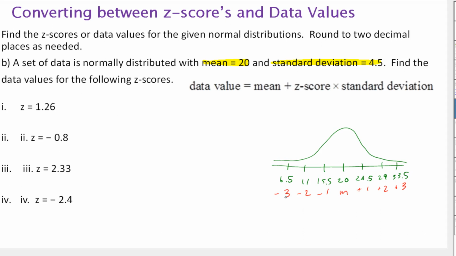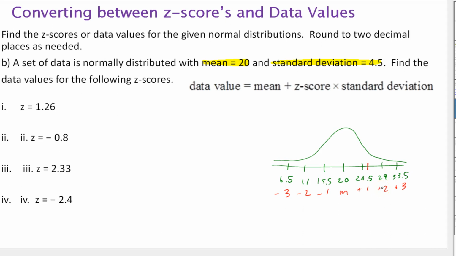So when we're finding a data value, since the z-score tells us how many standard deviations it is from the mean, you multiply that by the standard deviation and add it to the mean. So z equals 1.26. That's going to live somewhere in between here, because that's 1 standard deviation and that's 2.